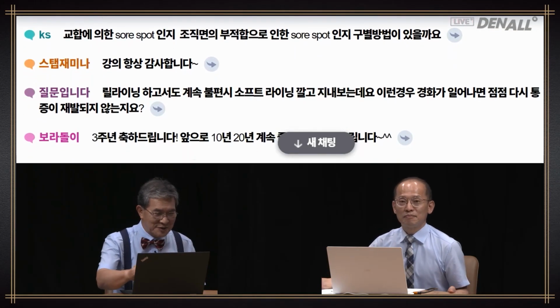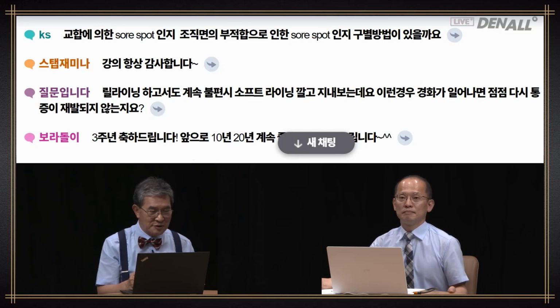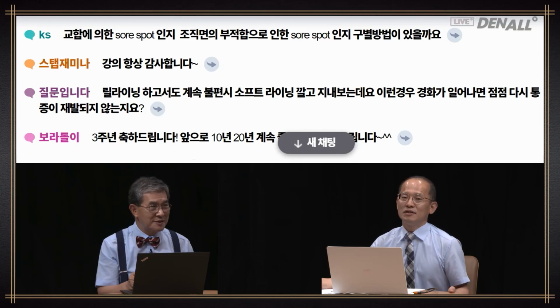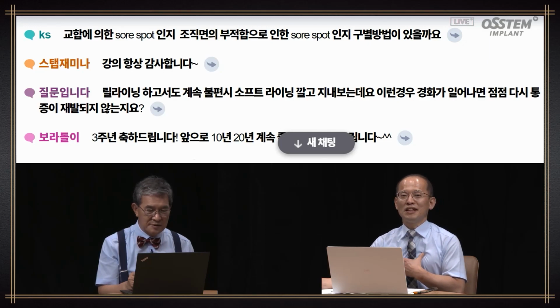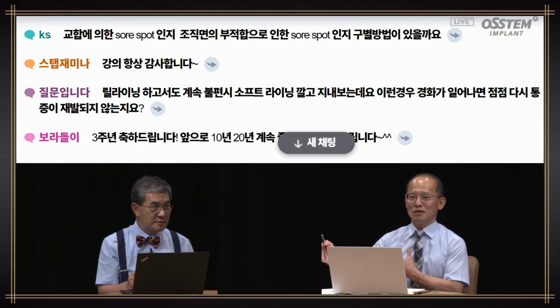KS says, is the sore spot due to occlusion or to inadequacy, different reasons. How can I tell it? I think it's already covered in the lecture. So the denture that I create, you have to be responsible until the end.